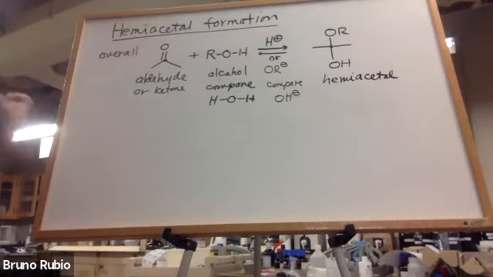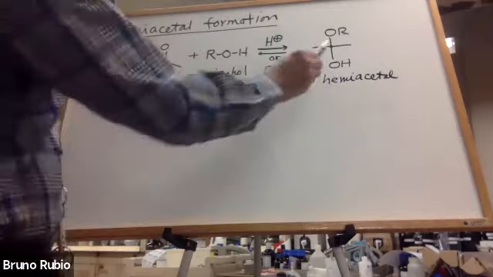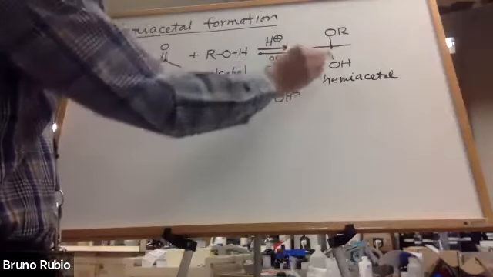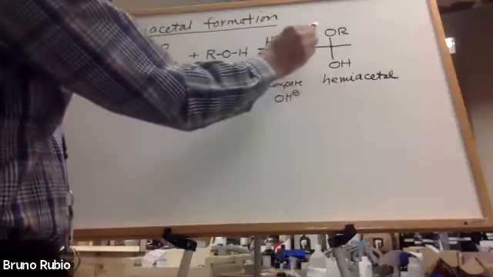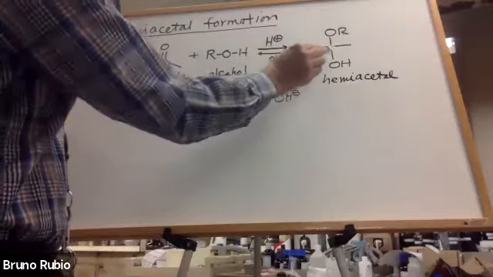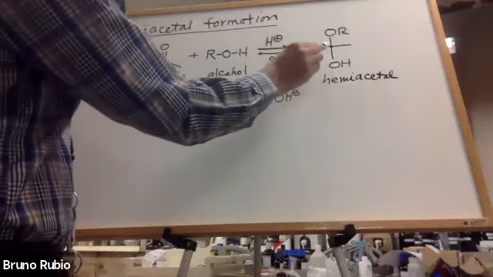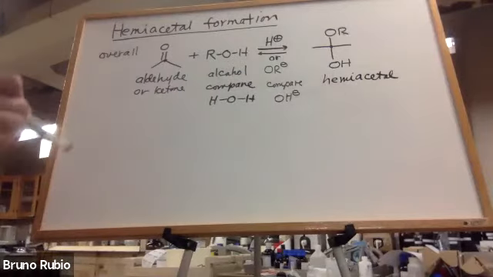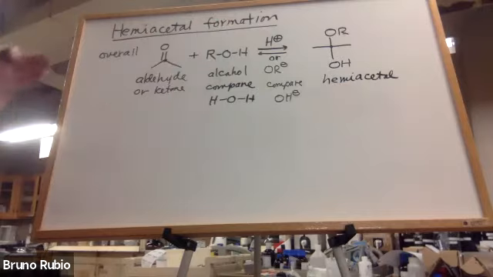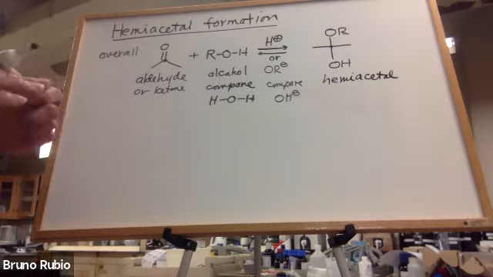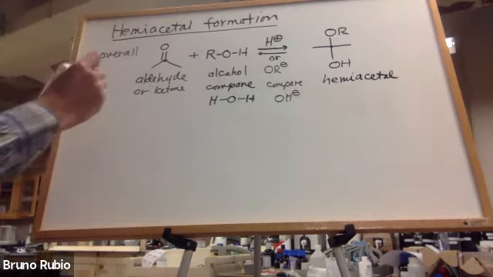Okay, and remember, a hydrate has a carbon atom with two OHs. A hemiacetal is going to have a carbon atom with an OH and simultaneously bonded to an OR. Okay, so that's hemiacetal formation. It can happen under both acidic conditions and basic conditions. Let's just do some product prediction and then we'll talk about the mechanism.